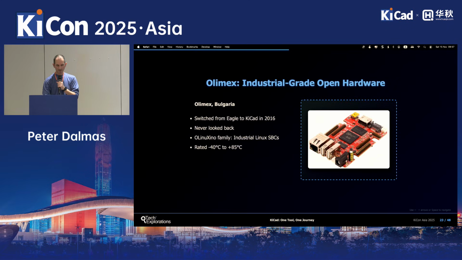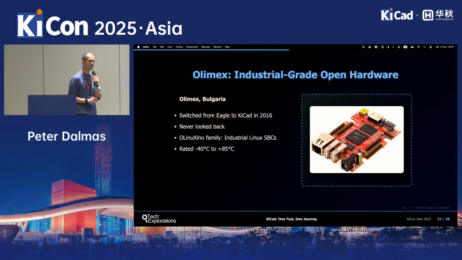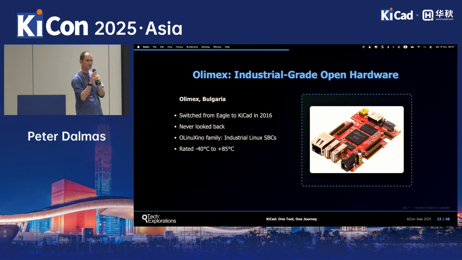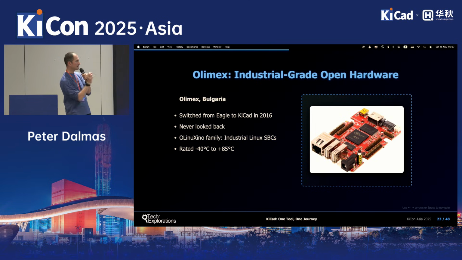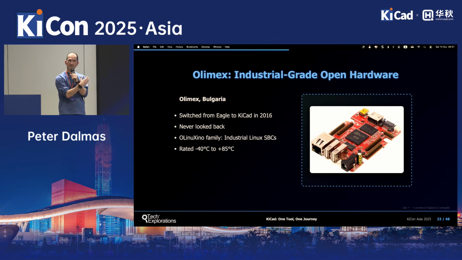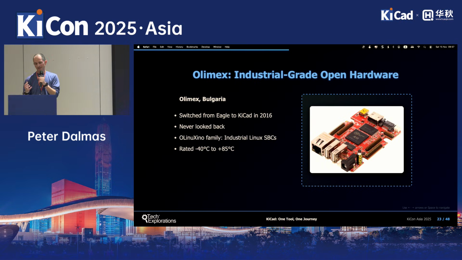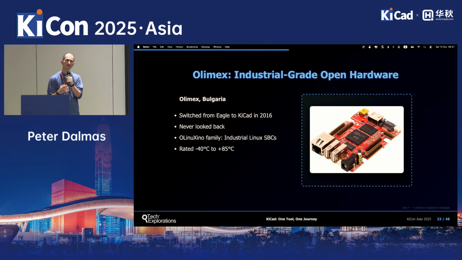And here's another example, Olimex out of Bulgaria. They build industrial strength microcontrollers and mini computers, so credit card computers. Again, very demanding applications, because these things you find in factories with wide-ranging environmental conditions, dust, moisture, temperatures going up and down. So they build hardware in KiCad that is required to operate in a diverse range of environments.